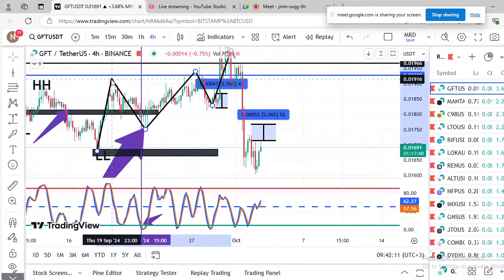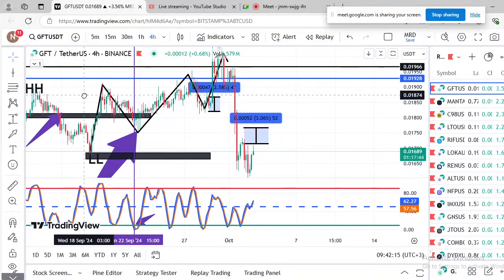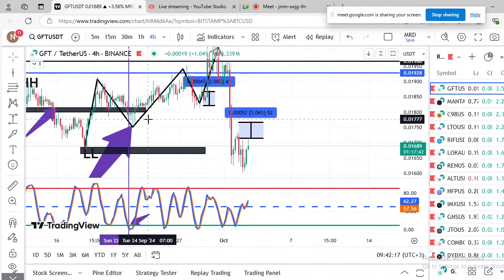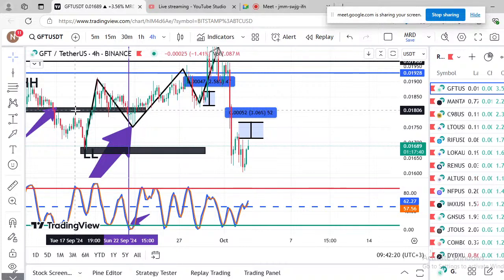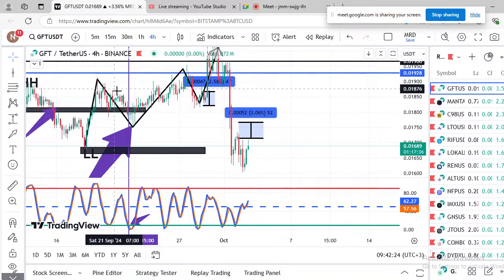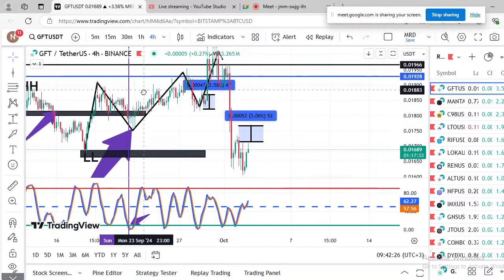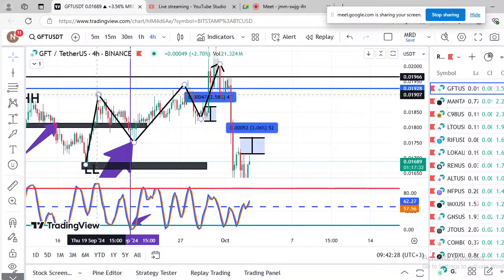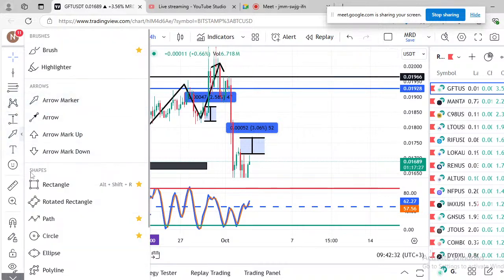this fake out here. After forming this one, since we closed above this support, we expect the market to first come back a bit, then push and break the previous high, which we could consider this one.